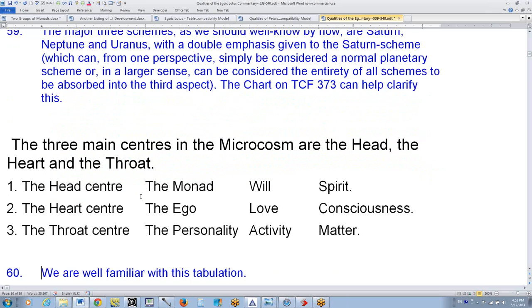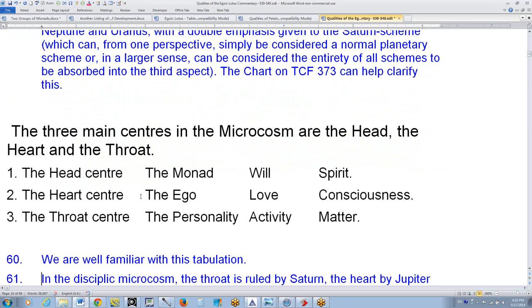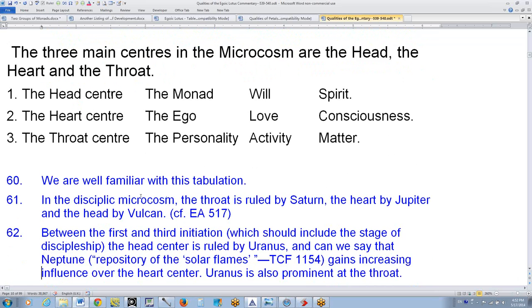So here's a little tabulation which is familiar to us, I think. The three main centers in the microcosm: the head, the heart and the throat. And these are the usual descriptions: monad, will, spirit; ego, love, consciousness; personality, activity, matter, corresponding to the three centers. And this is familiar to us.